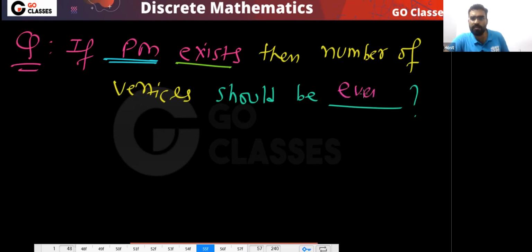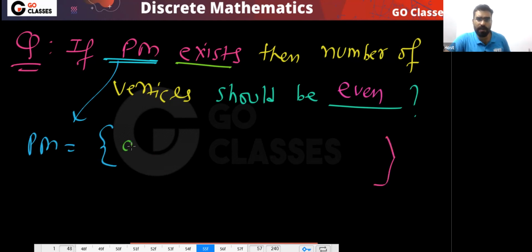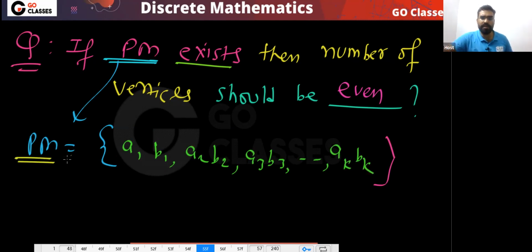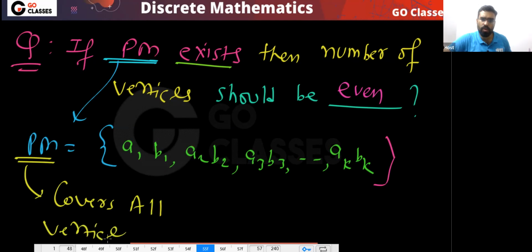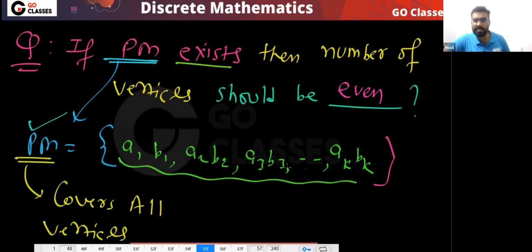The number of vertices should be even, because perfect matching, by definition, covers all the vertices. Take the perfect matching A1B1, A2B2, A3B3, and so on up to AKBK. Because it is a perfect matching, it covers all vertices, so these are all your vertices.